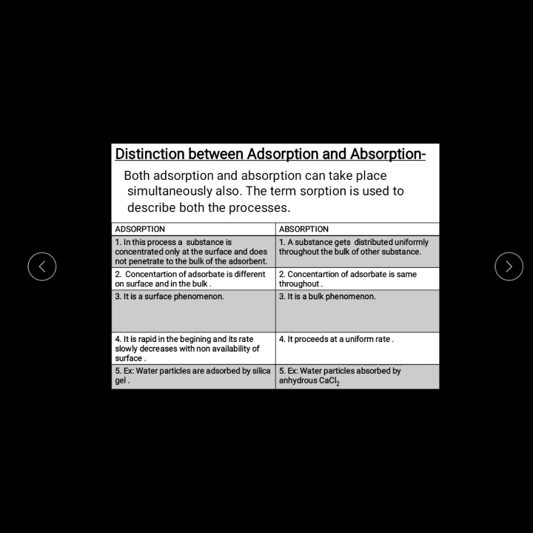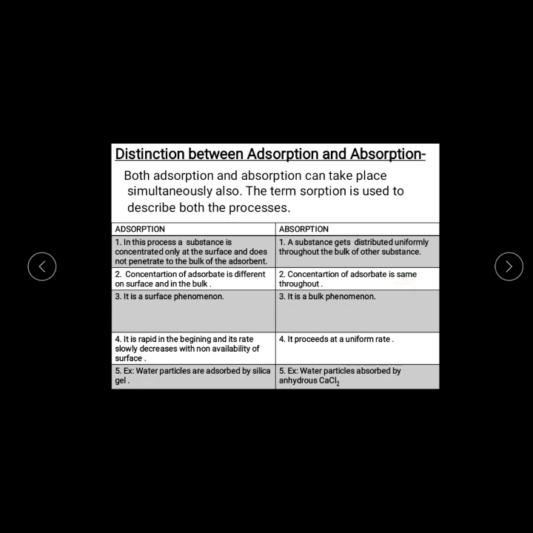Second point of difference is that in adsorption the concentration of adsorbate is different on the surface and in the bulk, and in absorption the concentration is the same throughout. The third point of difference is very easy. Adsorption is a surface phenomenon, absorption is a bulk phenomenon.